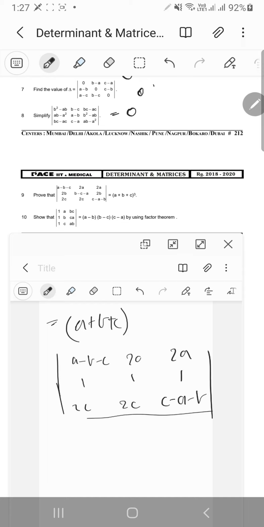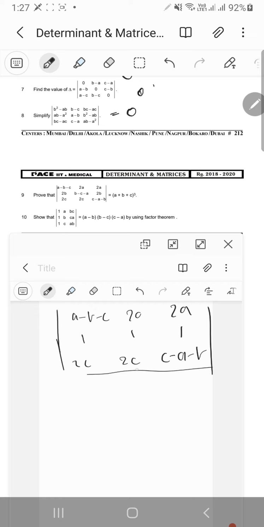Or is there something else that we can do? No, I don't think we can do anything. We have to manipulate these rows to get something out, but it's not good to do that. So we really just want this times that to give us something like that. No, no, that won't happen. It just won't.